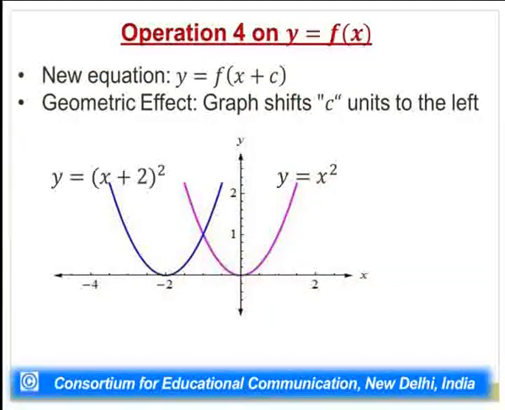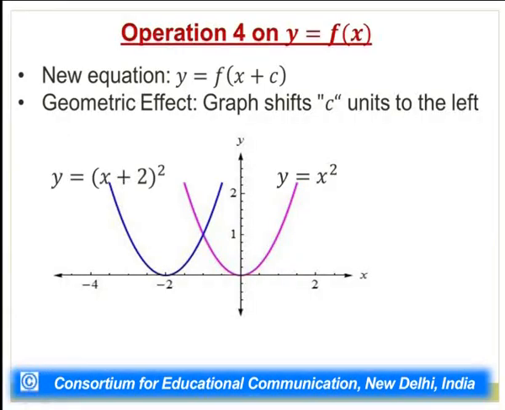But you should be clear that whenever you have f of x minus c, that is to imply that there's going to be a rightward shift of the original graph. And similarly, if I want to obtain the graph of f of x plus c from the graph of y equal to f of x, then that is going to have the geometric effect of shifting the graph c units to the left, or in other words, the graph gets translated c units along the x axis to the left.